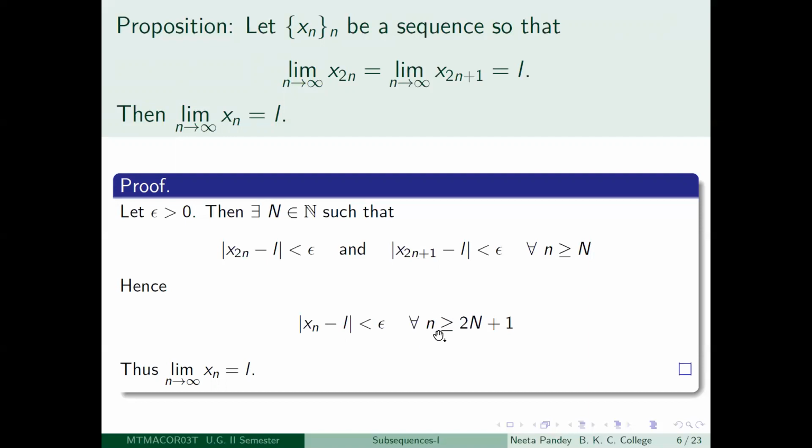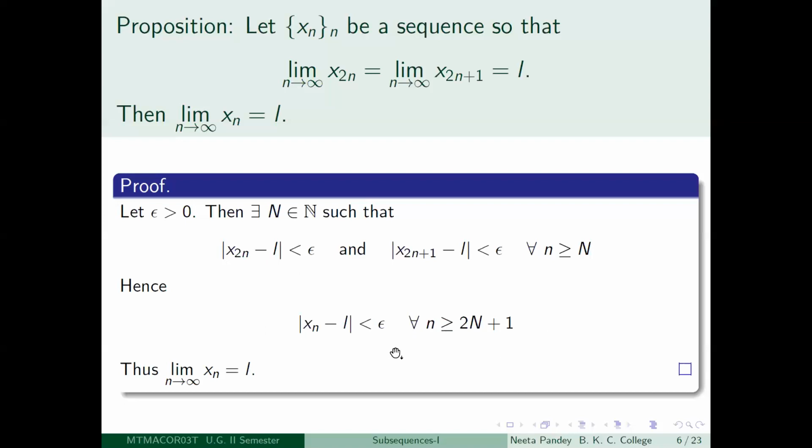After that, all the odd terms are going to be less than epsilon. And if you take n to be some even term, say 2m, then 2m is greater than or equal to 2N+1, which means 2m is greater than 2N, right? So that means m is going to be greater than capital N. So mod x_2m minus L will also be less than epsilon.